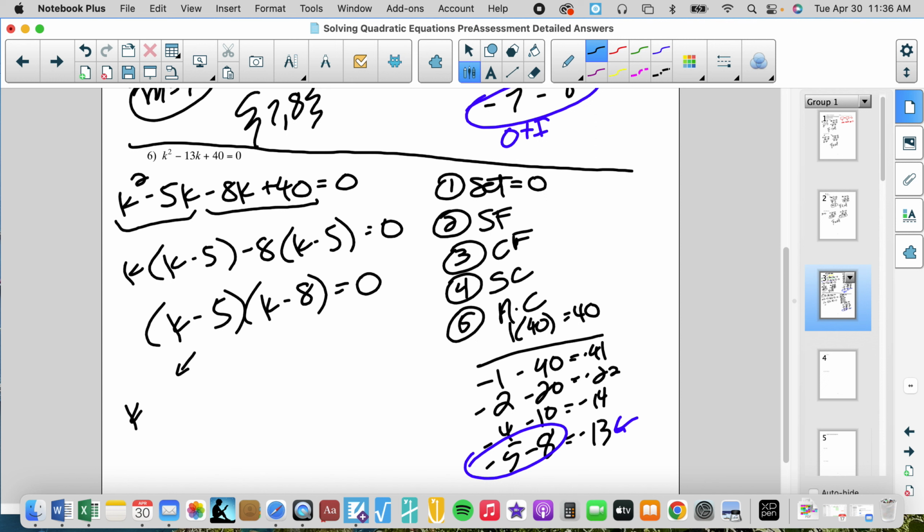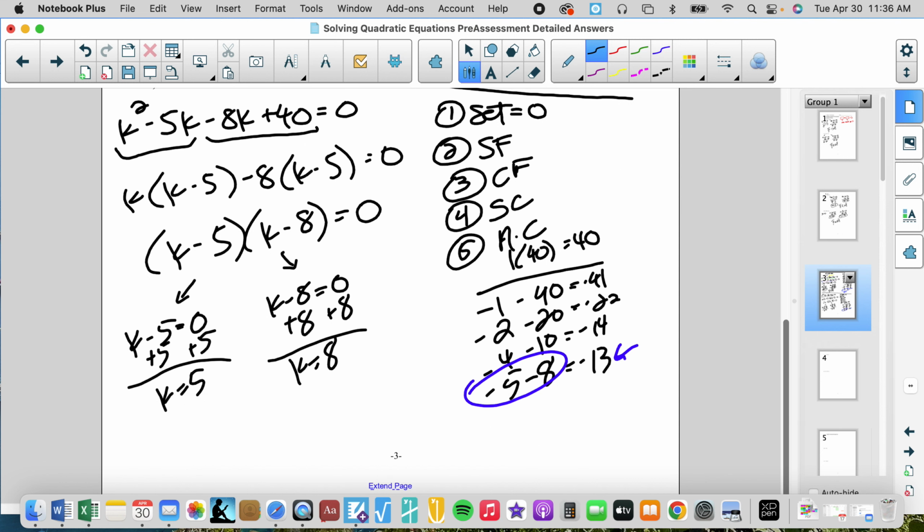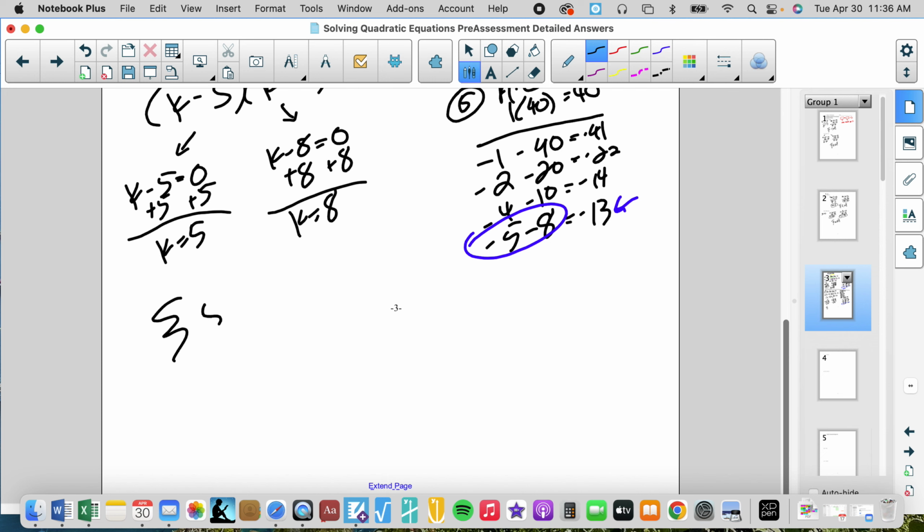Set each one equal to 0. k minus 5 equals 0. k minus 8 equals 0. We'll add 5. We get k equals 5. We'll add 8. k equals 8. And my solutions are 5 and 8.